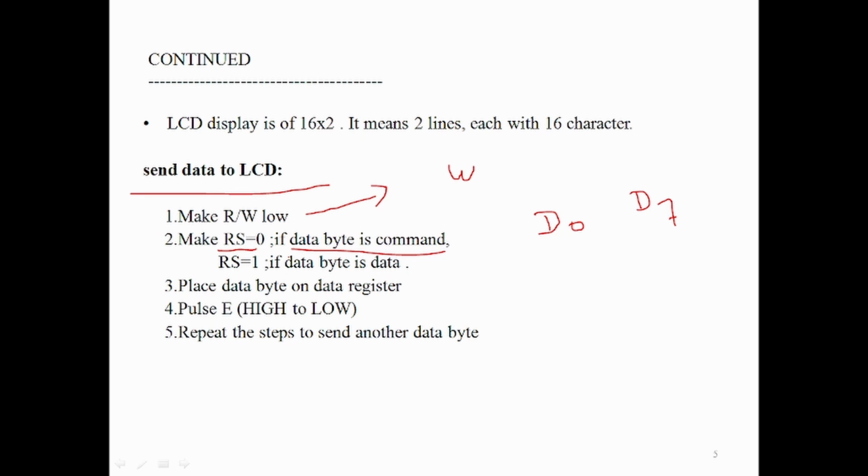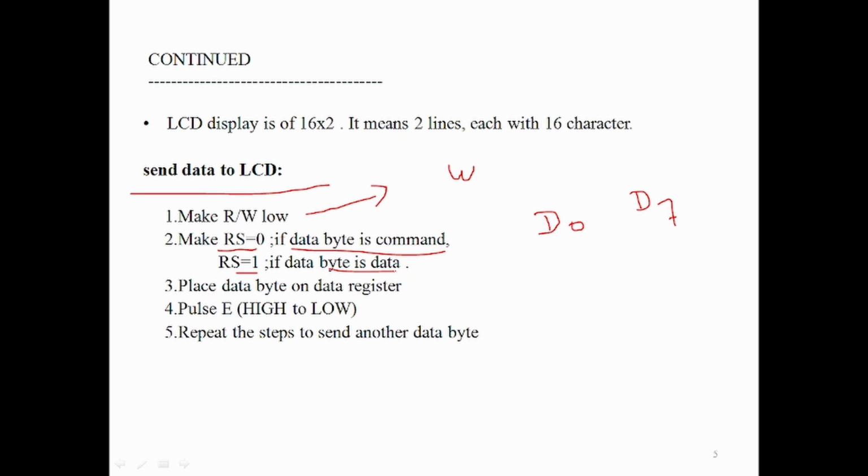Before writing anything you have to configure what type of display you want, and from which position you want to start your message. So initially RS should be 0, then send a few commands on D0 to D7, and after configuration make RS equal to 1 and send the data, right?